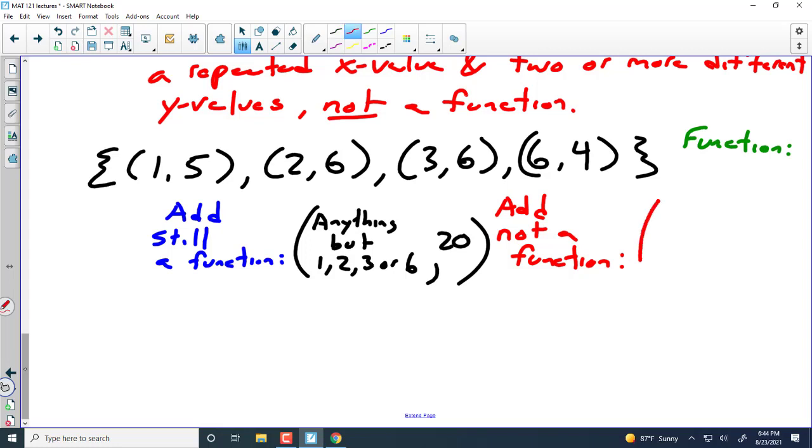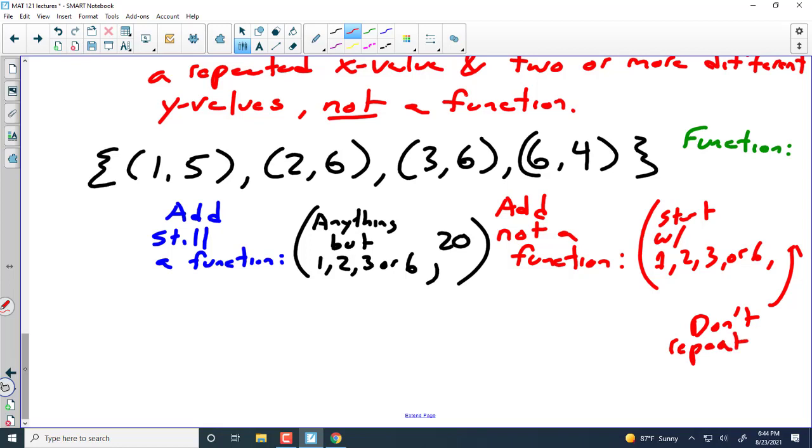And here, start with 1, 2, 3, or 6, and for your second value, don't repeat the exact ordered pair. In other words, if you wrote 1, don't write 5. If you wrote 3, don't write 6.